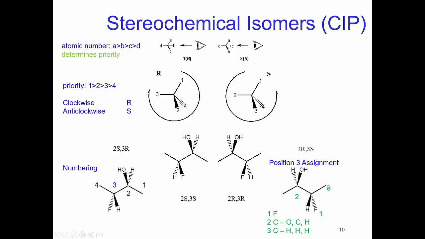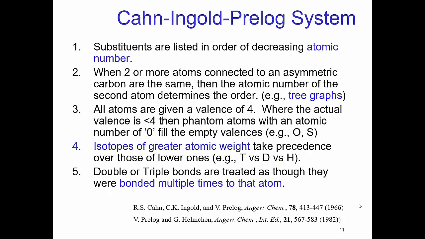Like I said, this can get complicated. You can get things where you have to go many steps out in order to determine it. But most of the time, you don't have to go very far. One or two of these steps out is usually all it takes for most molecules. Okay. All atoms that we're considering are considered to have a valence of 4, right? So we're always going to consider that there are 4 things attached to it.